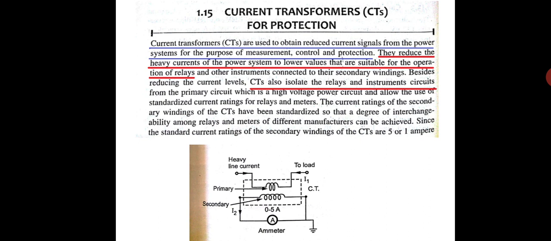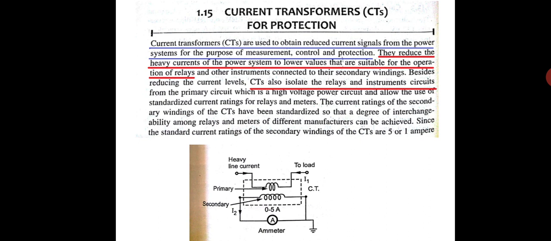It will reduce the current from primary to secondary. It means the primary side of your current transformer is connected to the line to be protected, the transmission line which you want to protect. There the primary winding is connected, and the secondary winding is connected to the relay side.